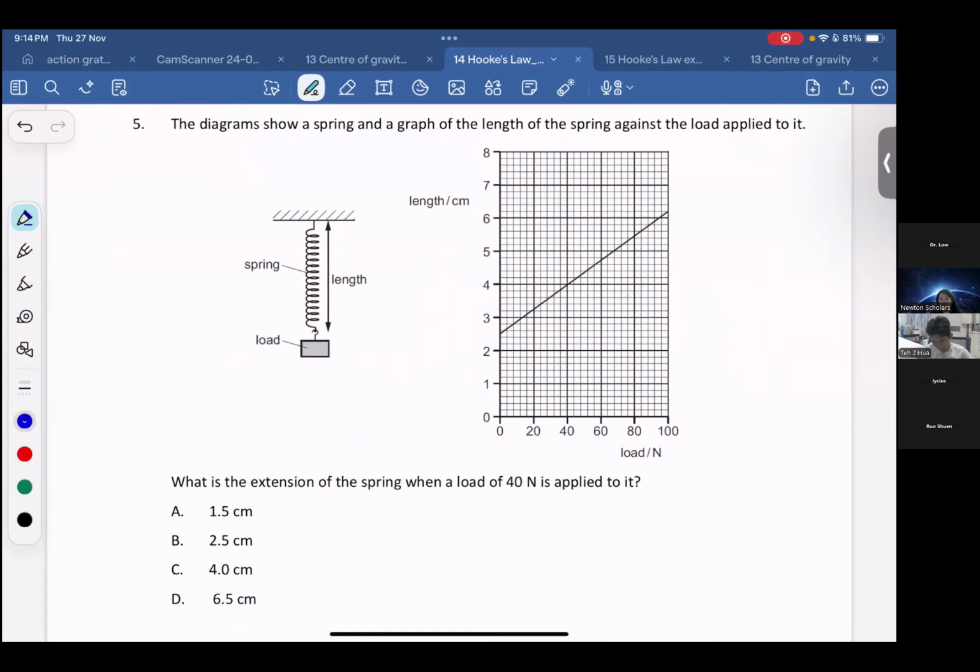Teacher, you told us that a directly proportional graph must be a straight line passing through the origin. Why is this one not starting from 0? Any of you can tell me why this graph is different from what we learned just now? All the graphs are directly proportional, but why does this graph start from somewhere here, 2.5? Why? Any of you?